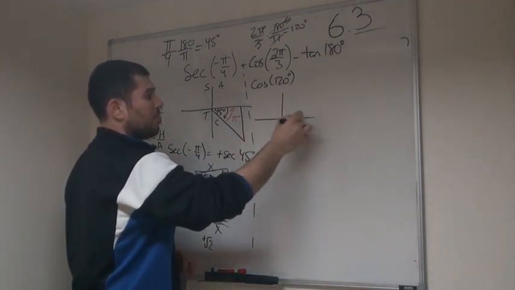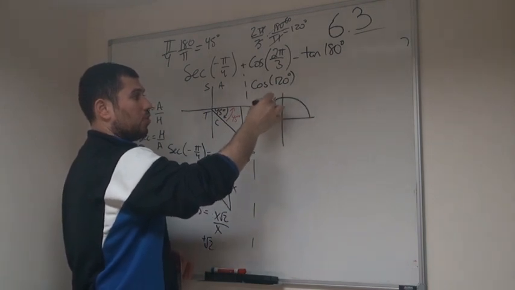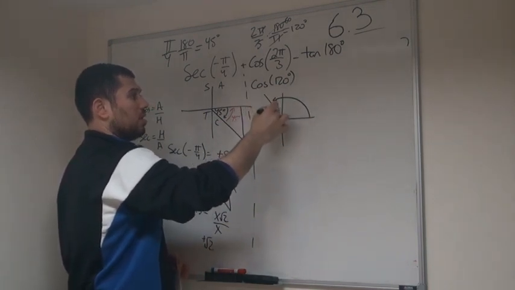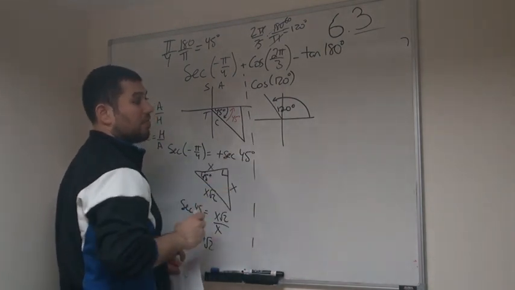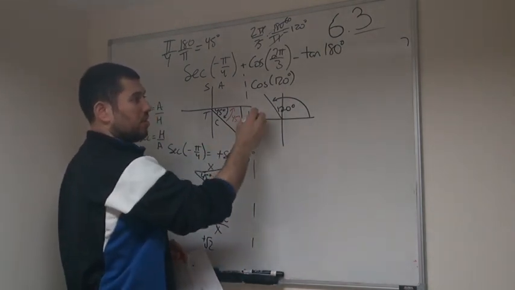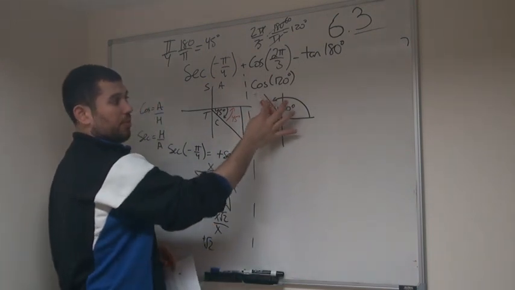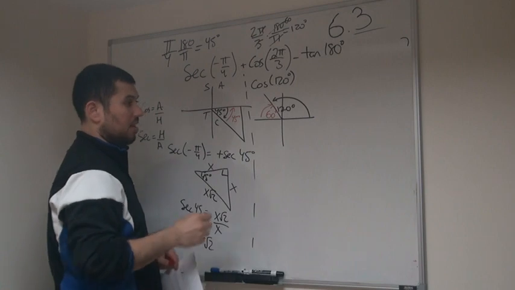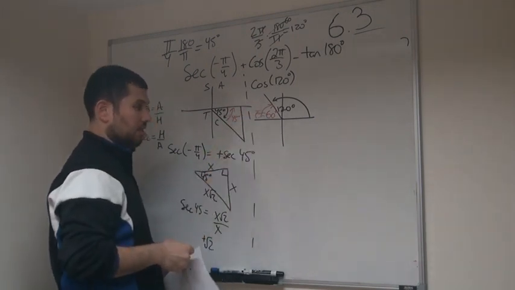Let me find my reference angle associated with it. 120 ends in quadrant 2. The affiliated reference angle with 120 degrees is 60 degrees because it's between the terminal side and the x-axis, and it's acute. So theta bar is 60.